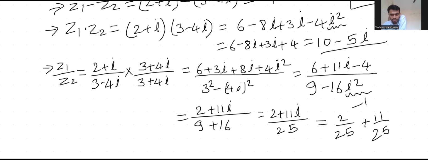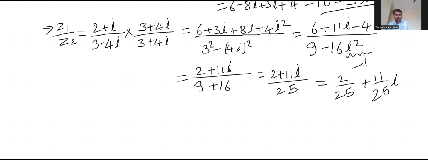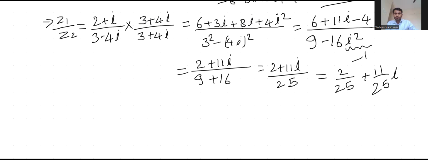So here, now we can observe that addition of two complex numbers, subtraction of two complex numbers, division of two complex numbers, all of them are resulting in a new complex number in the form of x plus iota y.